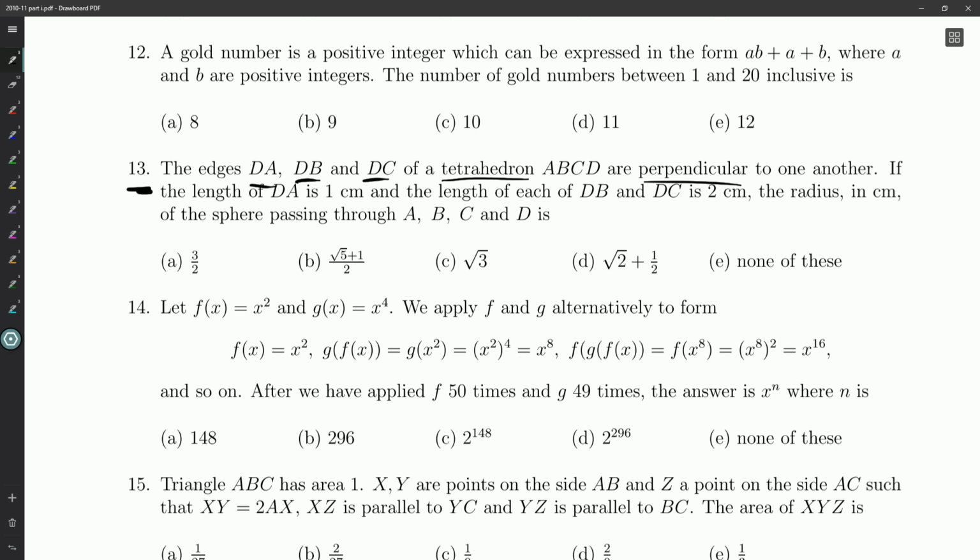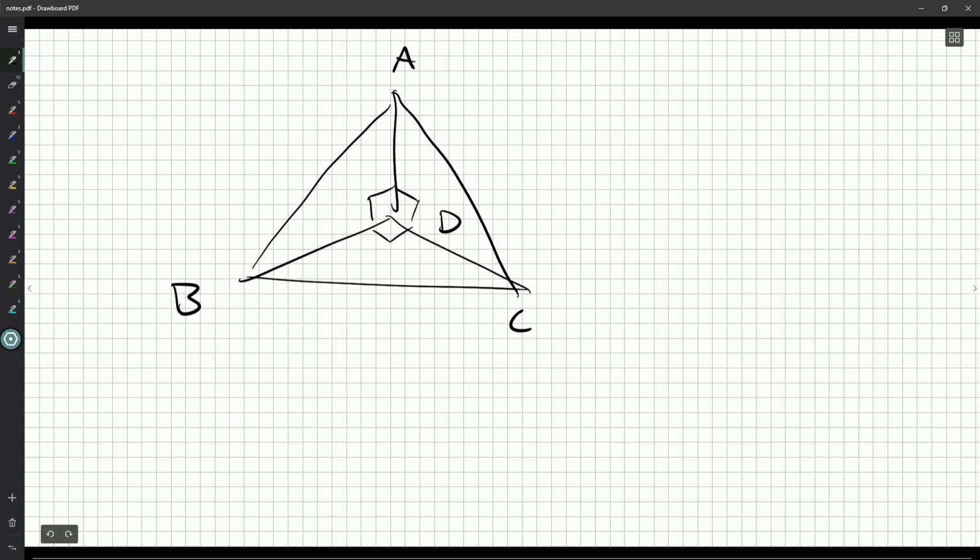They're perpendicular to each other. The length of DA is 1. Length of DB and DC are 2. The radius in centimeters of the sphere passing through all the points is... Okay, that's an interesting question. So this is 1, this is 2, this is 2.